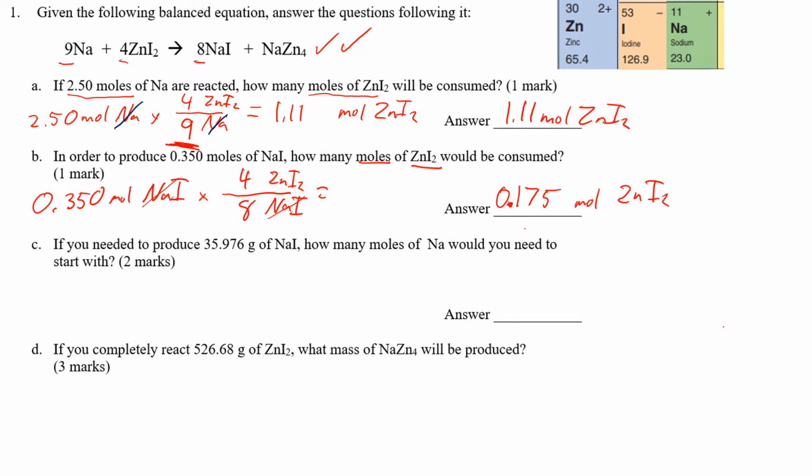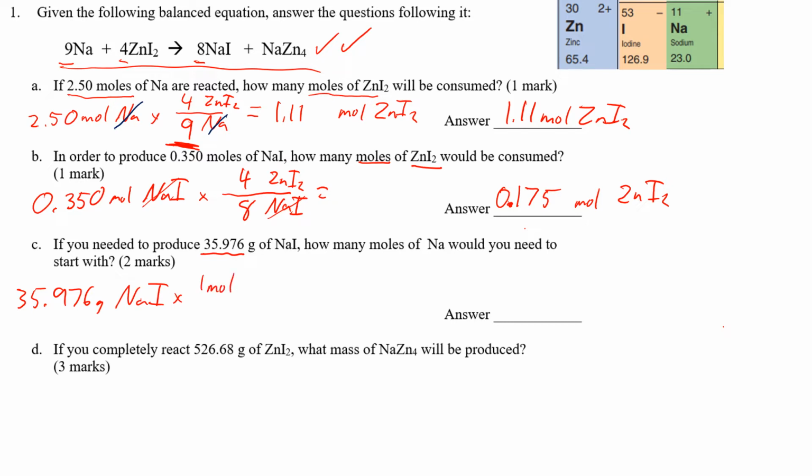Okay. Now we have this one right here, which is in grams. We cannot use our balanced equation because it has to be in moles. So I'm going to have to convert that grams into moles first. So I'm going to go 35.976 grams of NaI, and I need to convert that into moles.